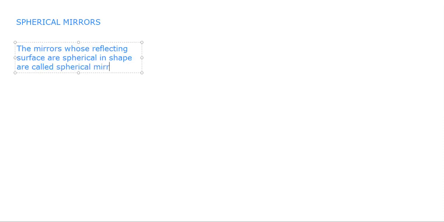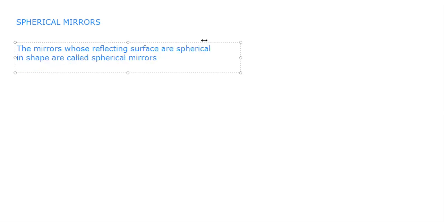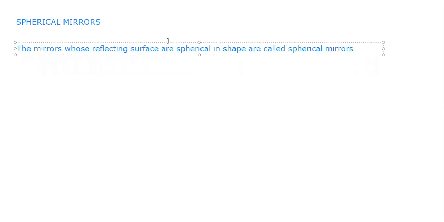Now, the reflecting surface can be made in two ways. Either you can make the reflecting surface outwards or inwards. Either you can make a reflecting surface like this or like this.